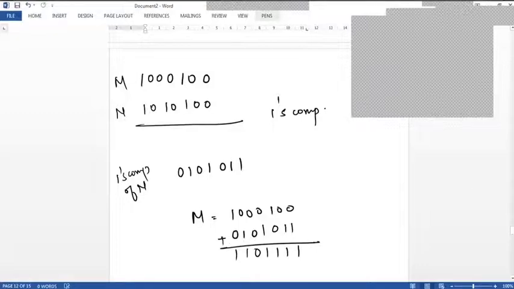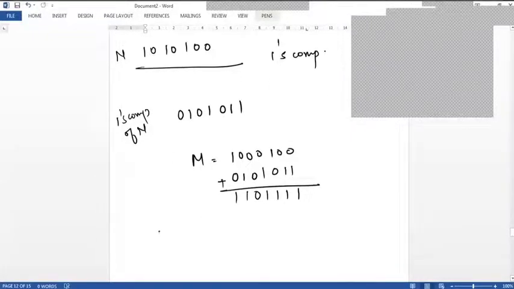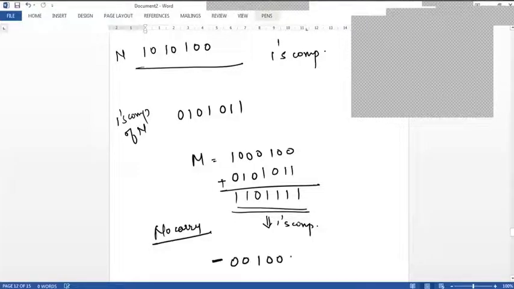Did I get any carry? No carry. So my answer is going to be negative, and its one's complement will be, flip all the bits. Did we get minus 1 0 0 0 0 as the answer?